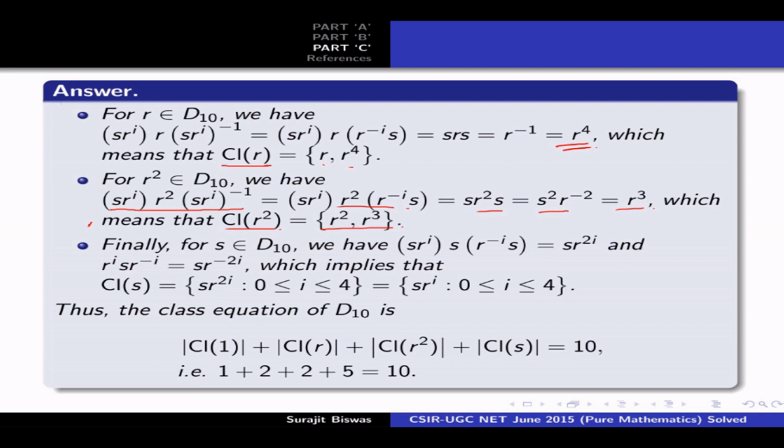Now finally for s belongs to D10, we have sr to the i, s, sr to the power minus i, and therefore this is sr to the power 2i.